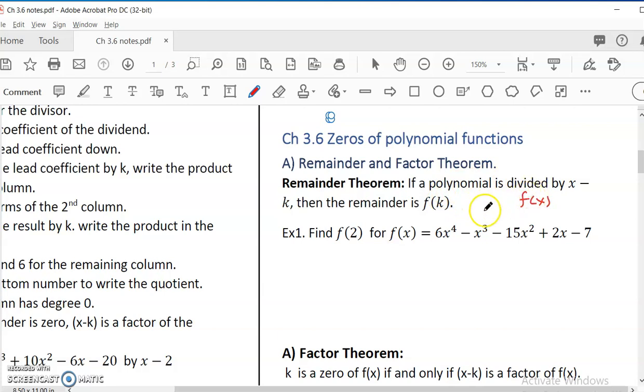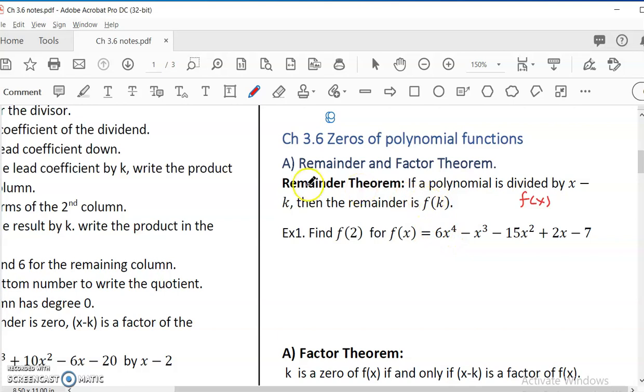For example, find f of 2 if f of x is equal to 6x^4 minus x cubed minus blah, blah, blah. What you do is plug in 2 for all the x's, and then get a number. So it's nothing to do with division, nothing to do with solving. It's actually just plug in.